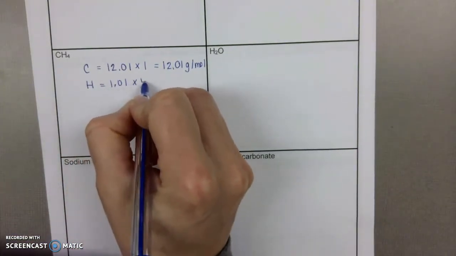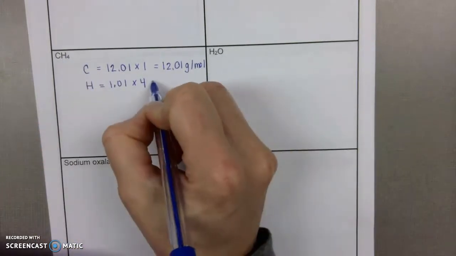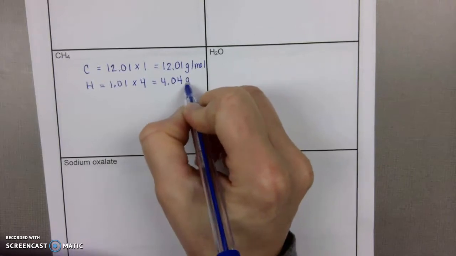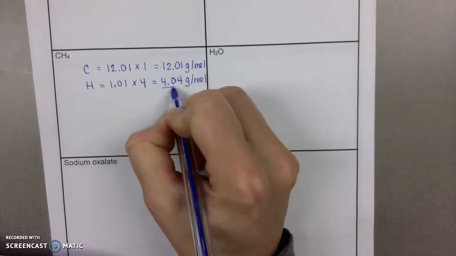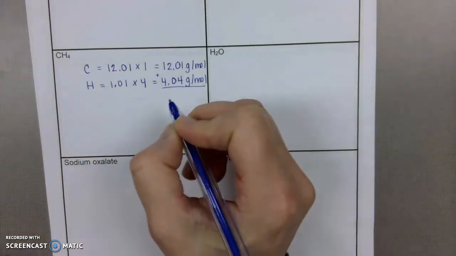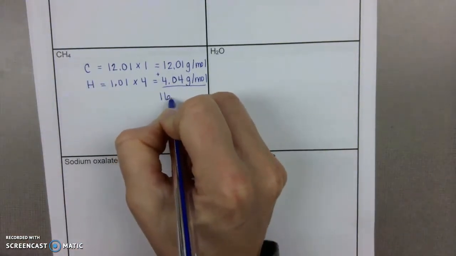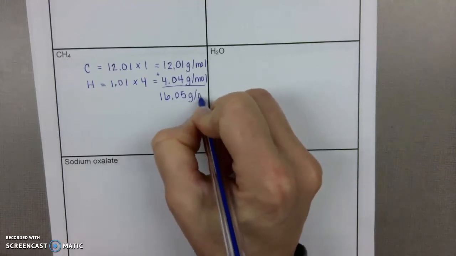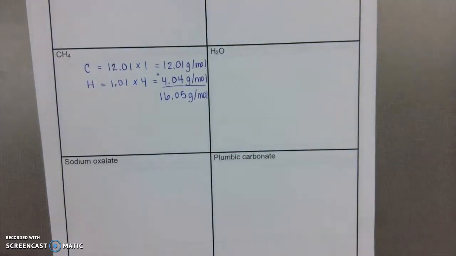I have 4 atoms of hydrogen. I'll put the total after I multiply, and it's grams per 1 mole. To get a total molar mass of methane, you add the two values together, giving you 16.05 grams per 1 mole.